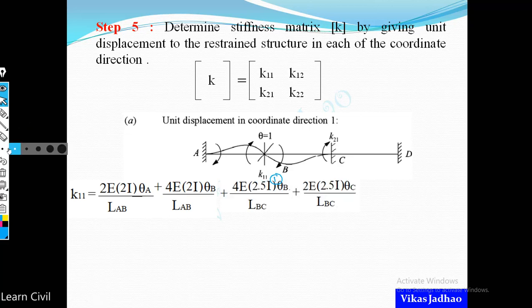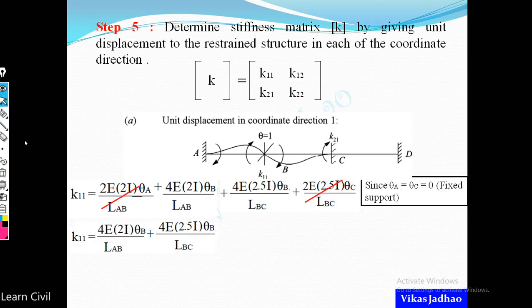So this is the stiffness for BC. At the same time, we have assumed all other ends, that is A, C and D, as fixed. Therefore the value of theta A will be 0. Therefore this first term and this theta C term will be cancelled, or will be 0. Therefore our equation will be like this.